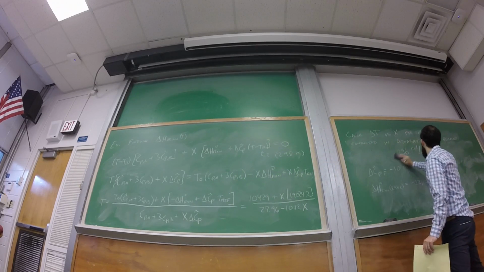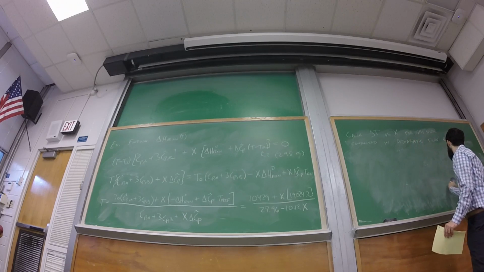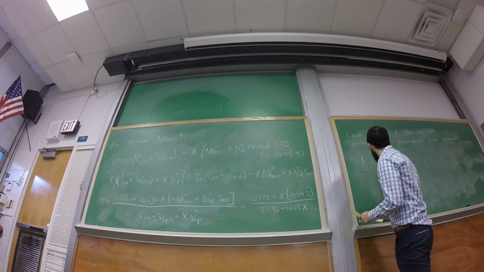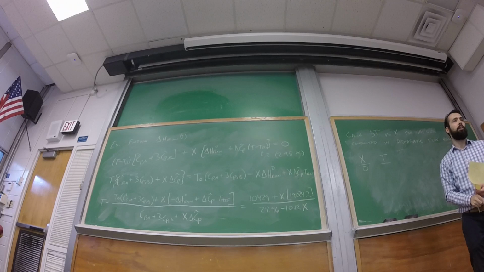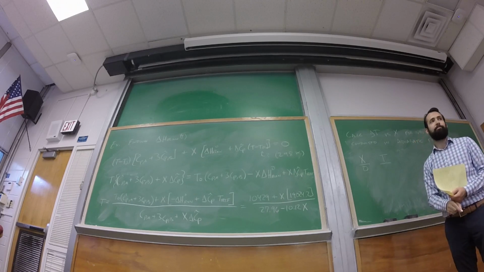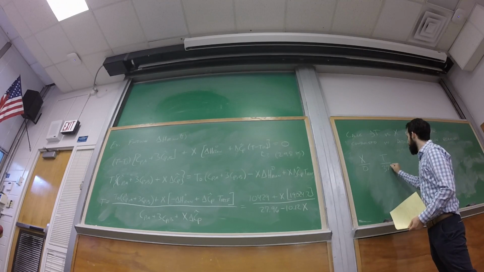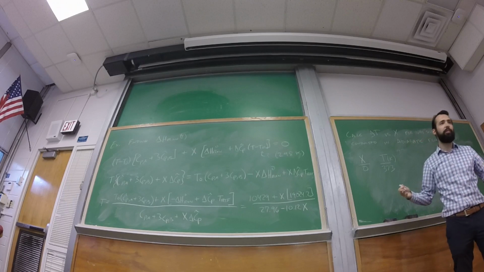So let's put some numbers in just to give you guys some idea of what this looks like in reality. If conversion is 0, what's the exit temperature of the reactor? T0, which is 373 Kelvin. Right? If I don't do any reaction, nothing happens.